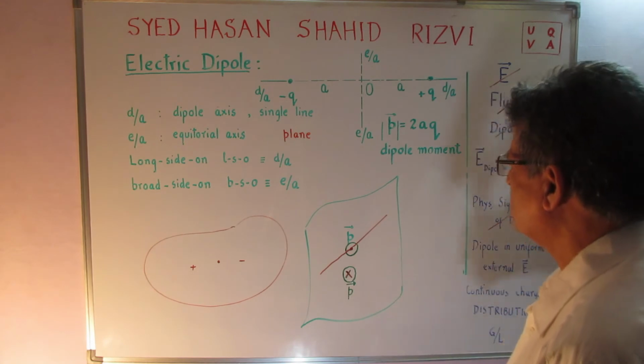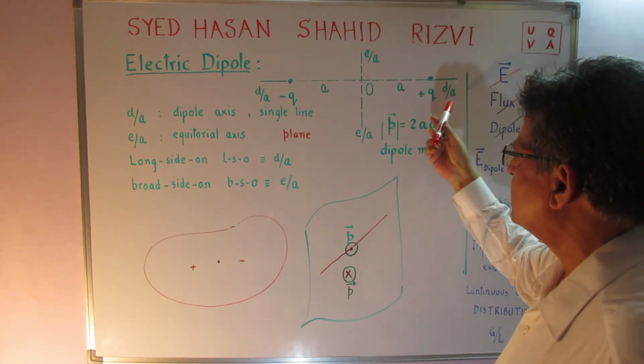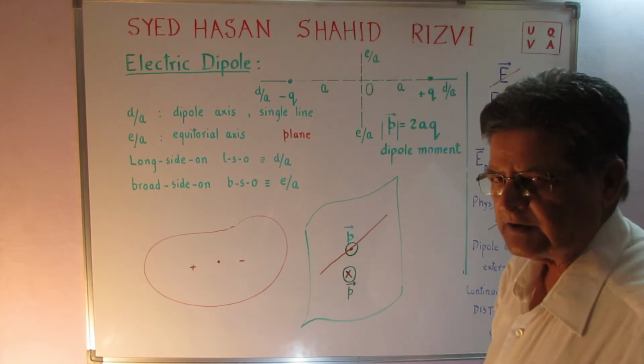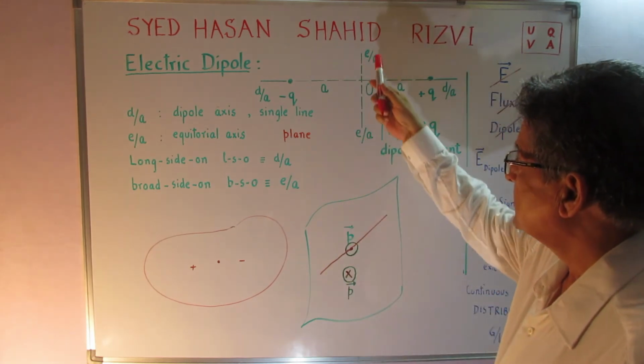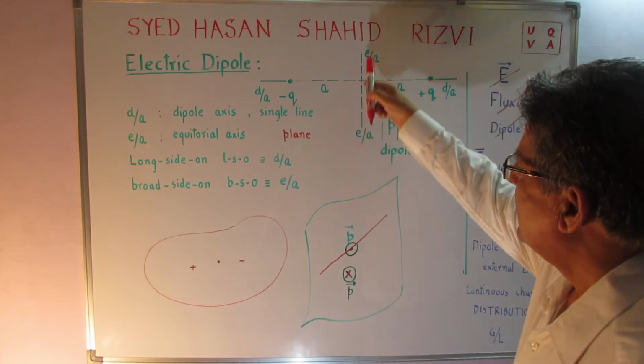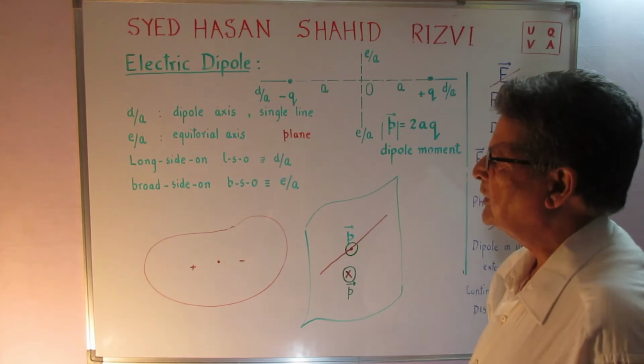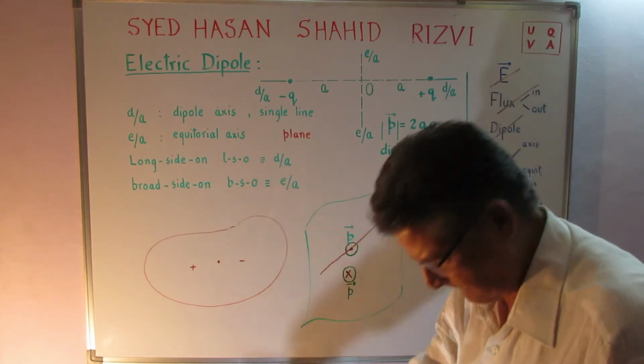But now what I am going to do is calculate the electric field on the dipole axis and calculate the electric field on the equatorial axis or on the equatorial plane.